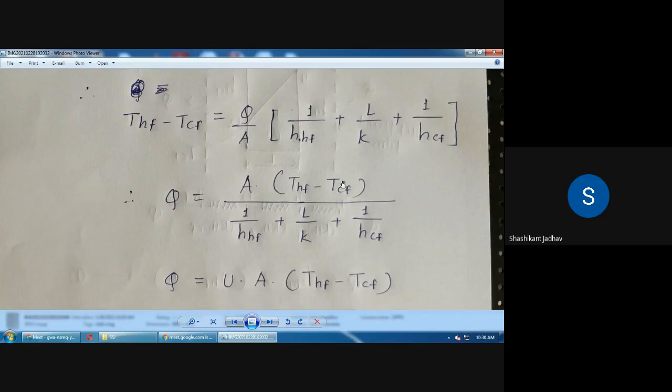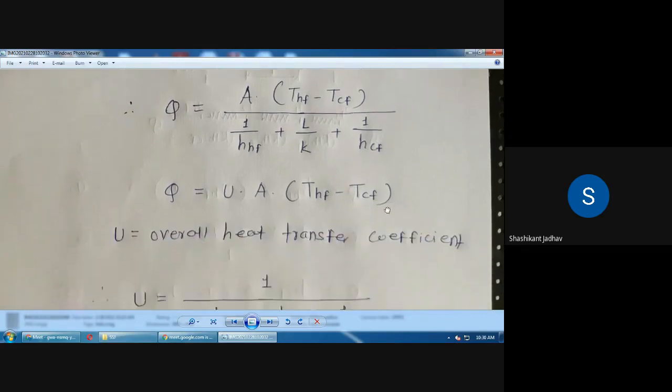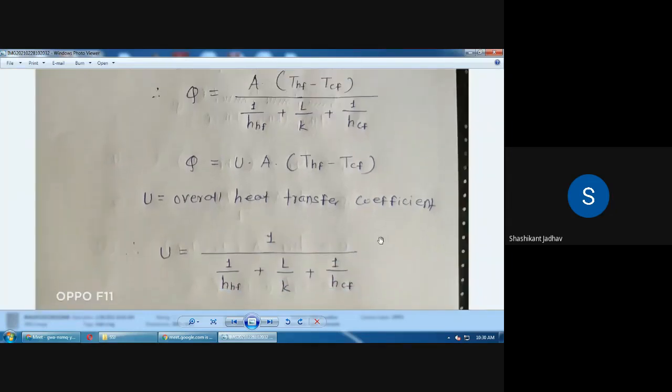Understand? This equation we have obtained, and what is the definition of overall heat transfer coefficient? From that we have written this equation. Now we compare these two equations, and from them we get the value of the overall heat transfer coefficient, which is 1 upon... After comparing both equations, capital U is equal to 1 divided by 1 upon HHF plus L by K plus 1 upon HCF.